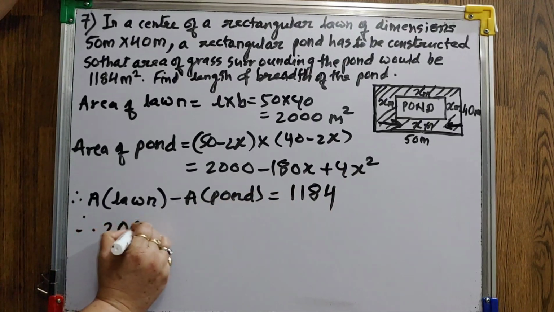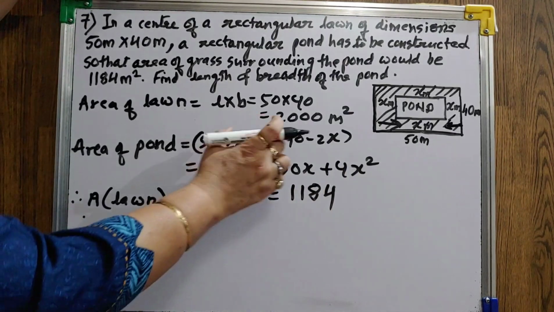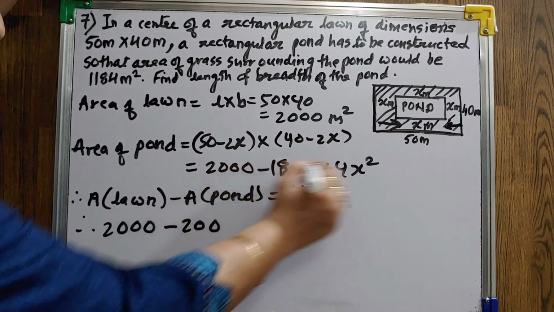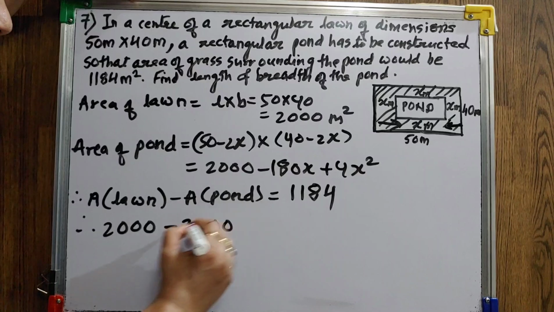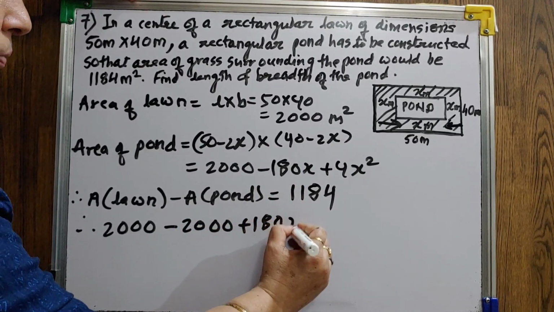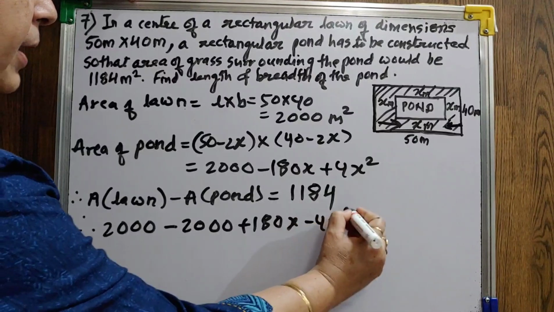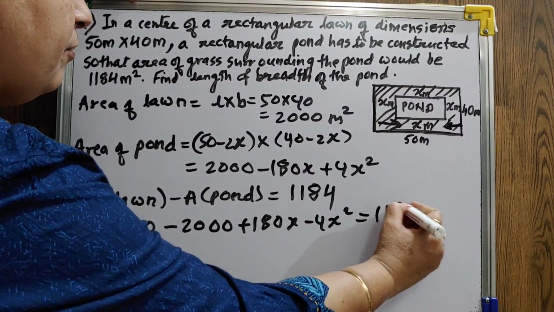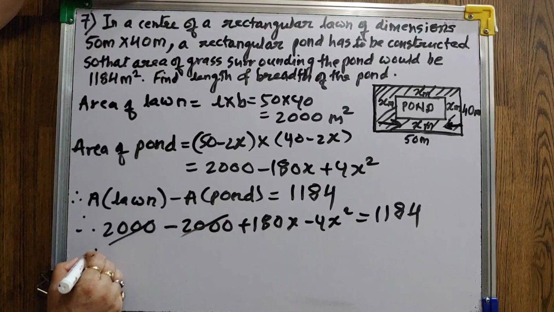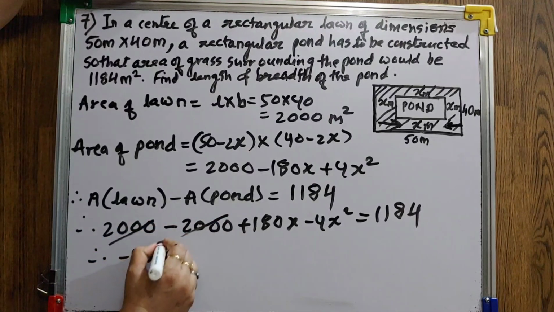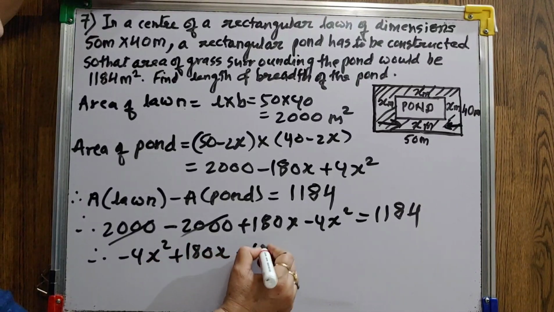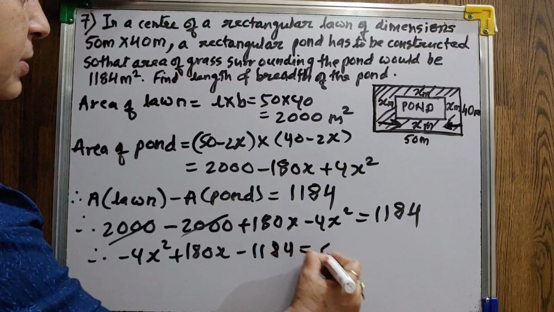Now this is 2000 minus, when I subtract, sign of whole this part will change, negative will become positive, this will become negative, that will be 1184. Now 2000 will get cancelled, minus 4x square plus 180x minus 1184 equals to 0.